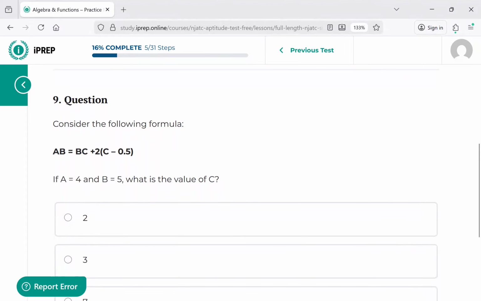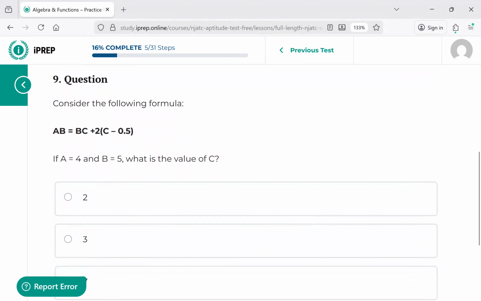And question 9, consider the following formula. AB equals BC plus 2 times C minus 0.5. If A equals 4 and B equals 5, what is the value of C? So this one, just like the other one, it's best to just plug in your values. A is 4, B is 5, and what is C?